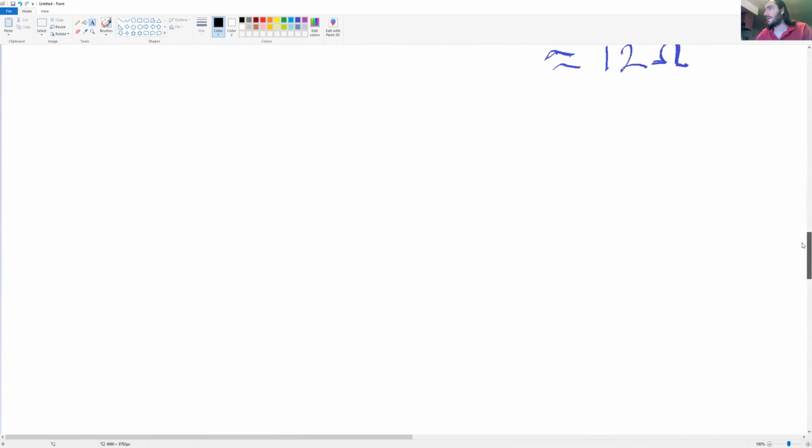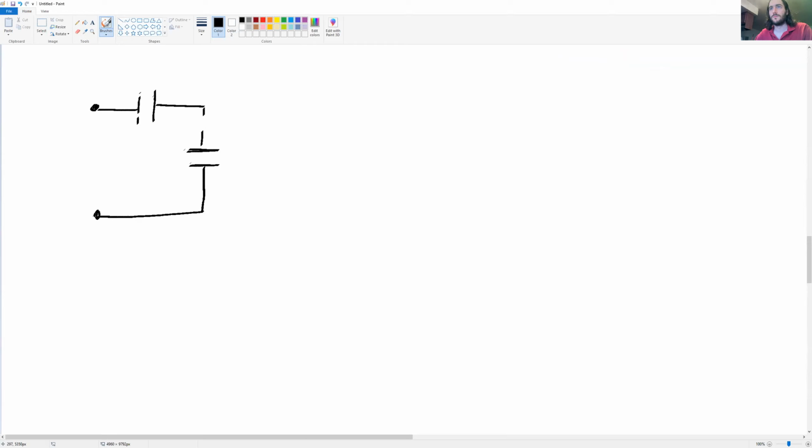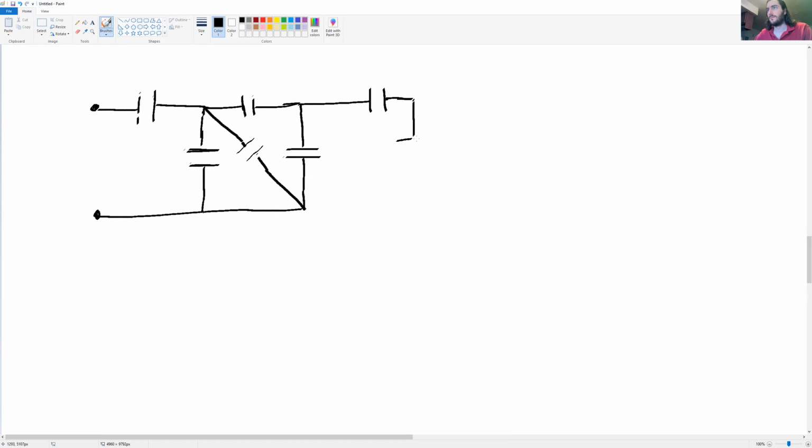Okay, so let's do now a capacitor problem. Oops.